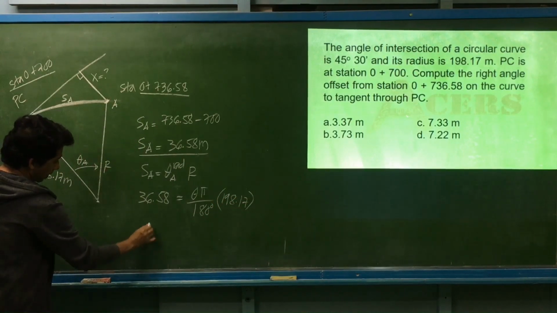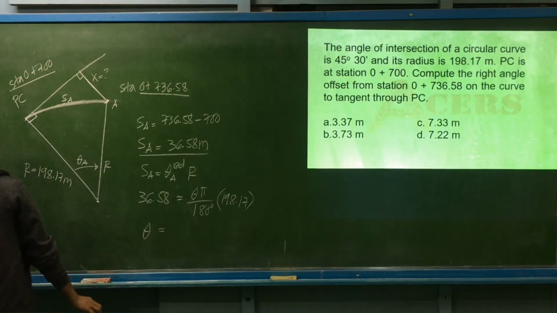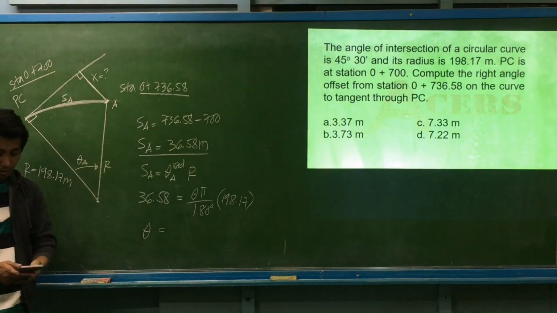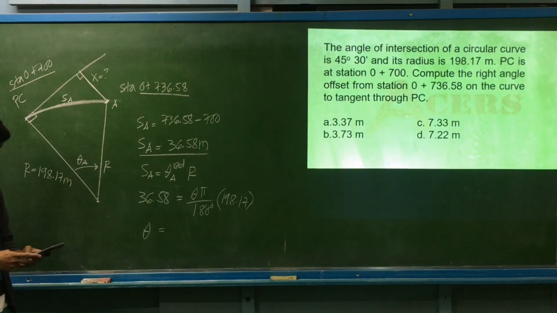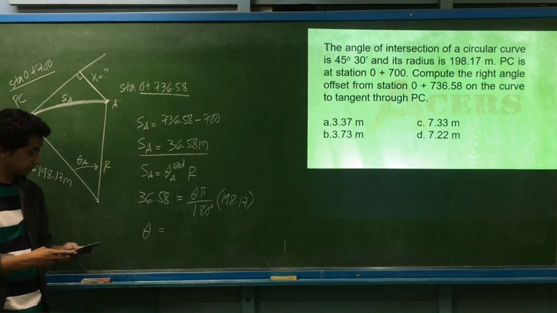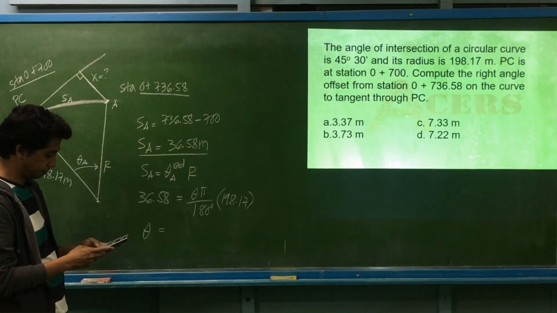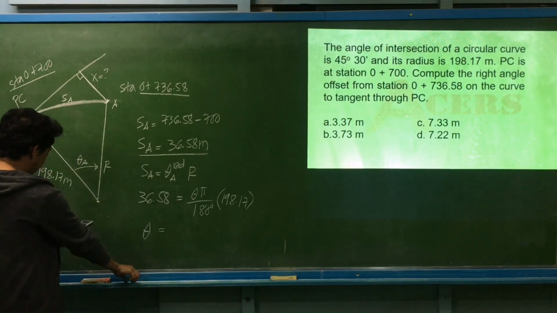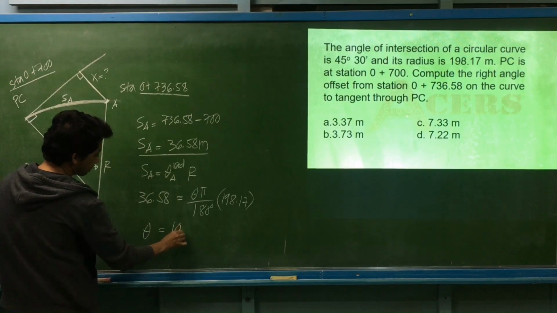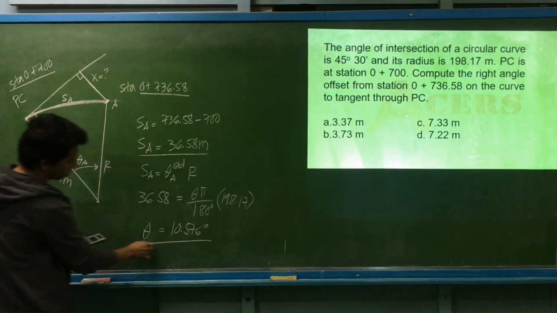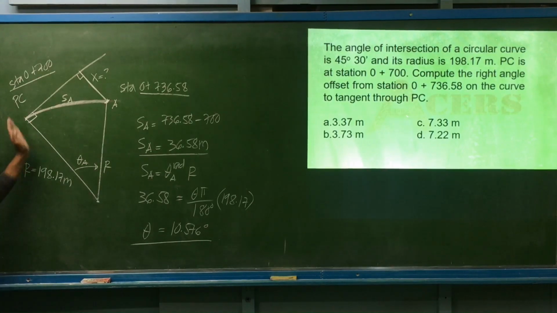So the equivalent angle, the opening of the radii up to point A, is equal to 10.576 degrees. That is the opening of the curve up to that point.